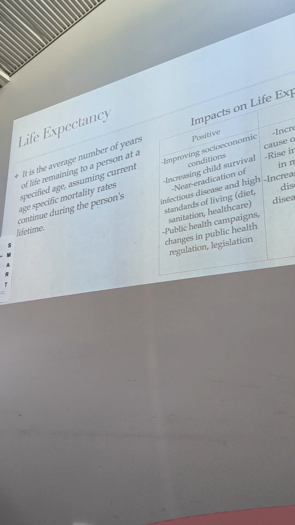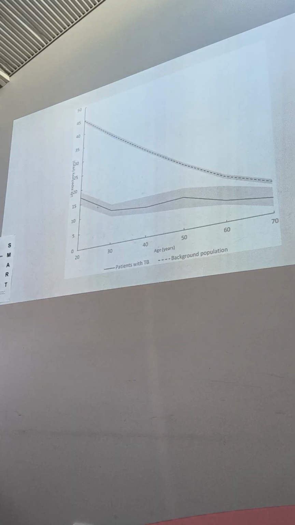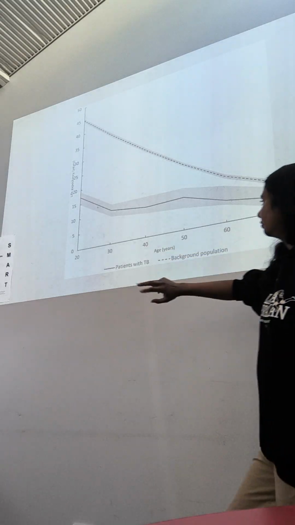Negative effects on the life expectancy can be an increase in certain causes of death. So AIDS, again, screws up the immunity. If they're smoking, if they have other chronic diseases like obesity. So basically, this is a graph of life expectancy. So let's say somebody gets diagnosed at 30 years old.